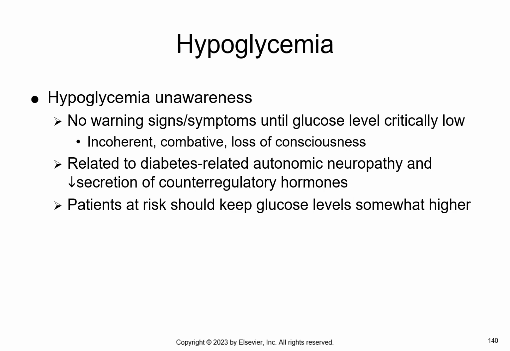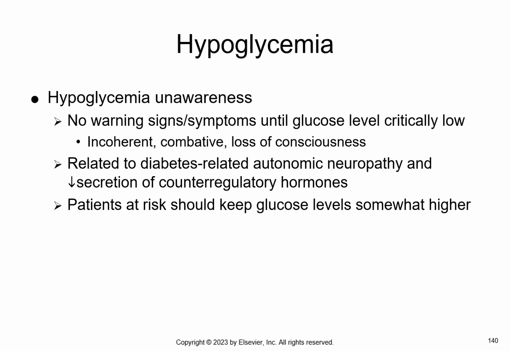This is often a result of diabetes mellitus-related autonomic neuropathy that interferes with the secretion of counter-regulatory hormones that cause these symptoms. Patients at risk for hypoglycemic unawareness include those who have had repeated episodes of hypoglycemia, older adults, and patients who use beta-adrenergic blockers.